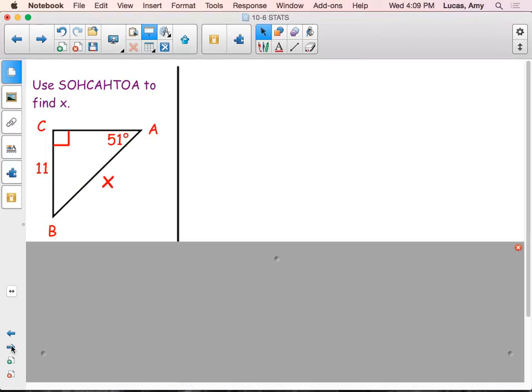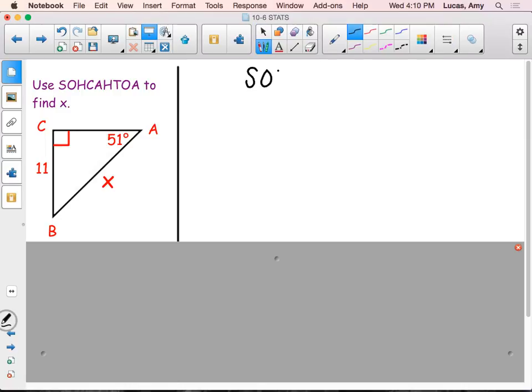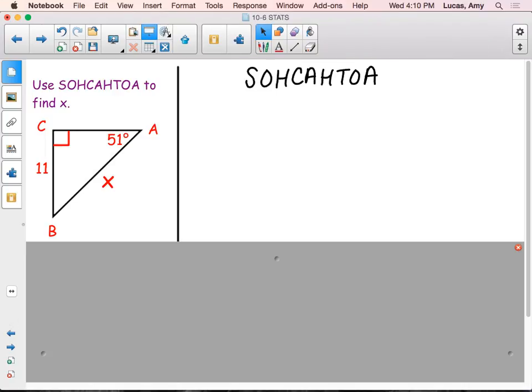Okay, our first problem says use SOHCAHTOA to find x. So I'm going to write SOHCAHTOA up here. And I'm going to help you figure out which ratio we need to use. So the reference angle that we know is 51 degrees.